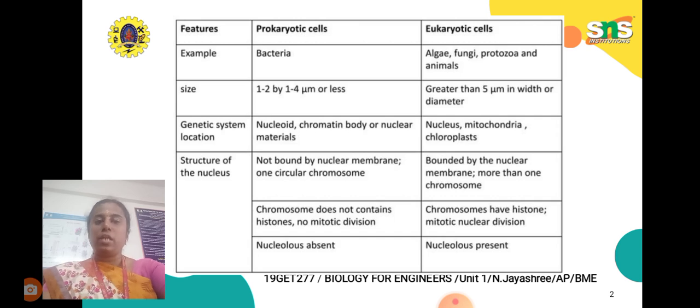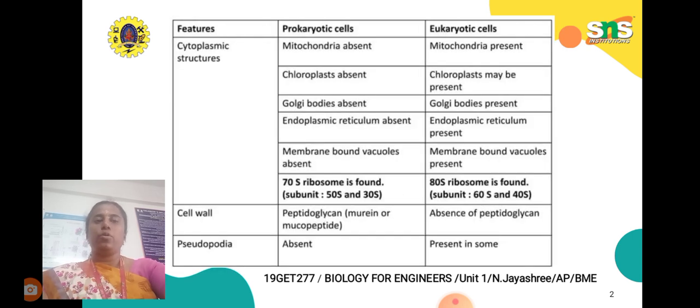The chromosome does not contain histones and there is no mitotic division in prokaryotes. The chromosome has histones and undergoes mitotic nuclear division in eukaryotic cells. The nucleus is absent in the prokaryotic cell and present in eukaryotic cells. Next, cytoplasmic structures. Mitochondria are absent in prokaryotic cells and present in eukaryotic cells. Chloroplast is absent in prokaryotic cells and present in eukaryotic cells.